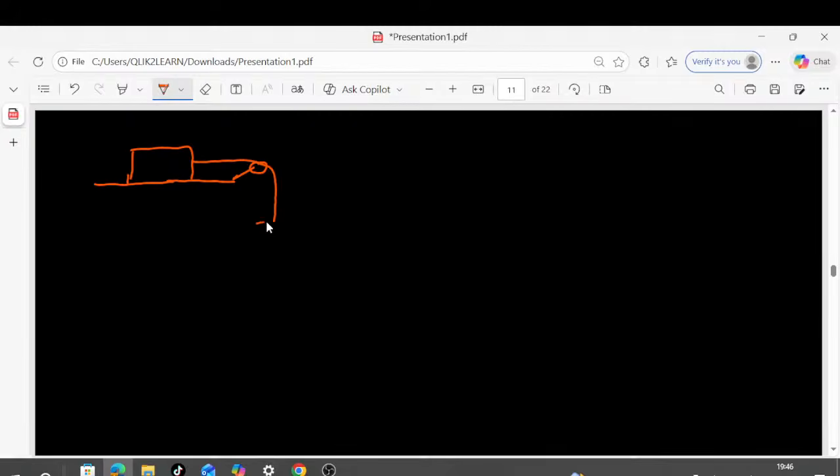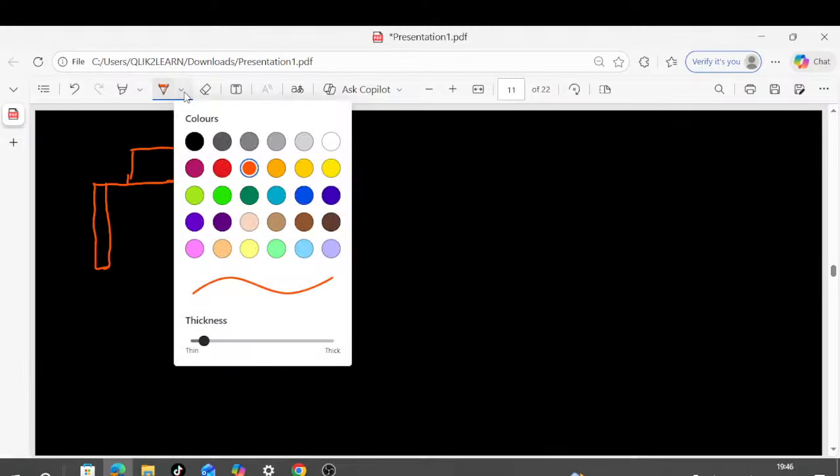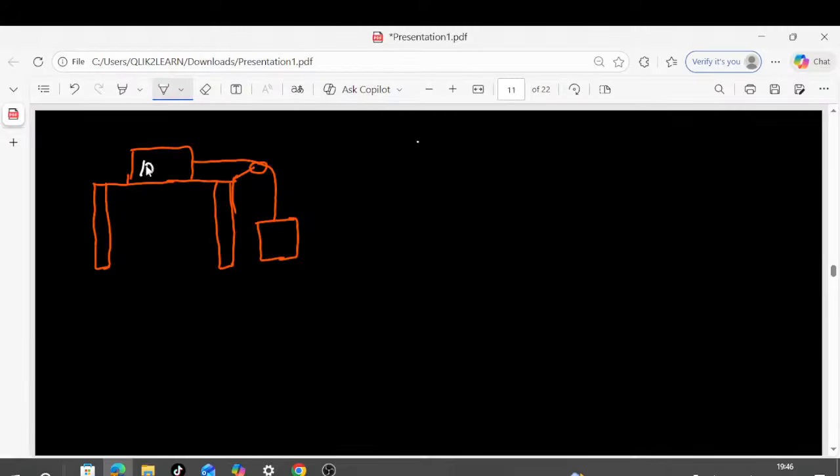Let's drop that 15 kg block, and this will be my table. I'm sorry guys, I'm not good at drawing, but it's fine. I think everyone can see my drawing now. So this will be the 10 kg block, and we have the 15 kg block.